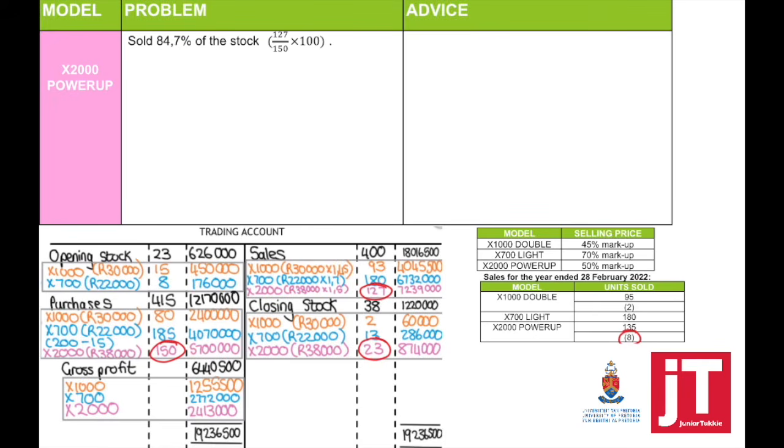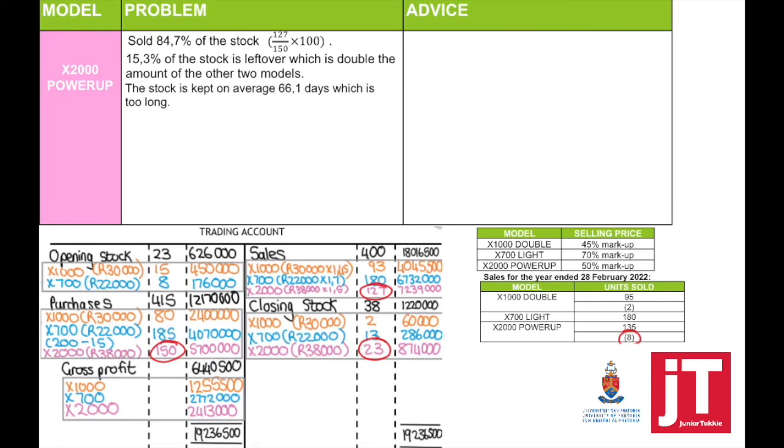Looking at this, we sold 84.7% of the stock. We have to take 127 divided by 150, the number of units available. 15.3% of the stock is left over, which is double the amount of the other two models.